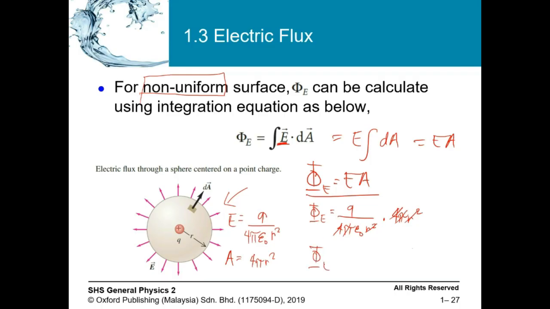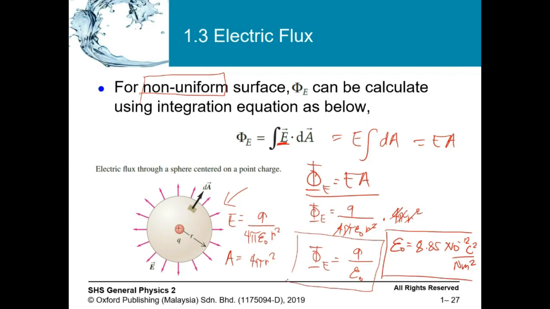We have phi is equal to Q over permittivity, wherein permittivity or epsilon sub 0 is equal to 8.85 times 10 to the power of negative 12 coulomb squared per Newton meter squared. So this is a constant. This is how we get the electric flux of a non-uniform surface.